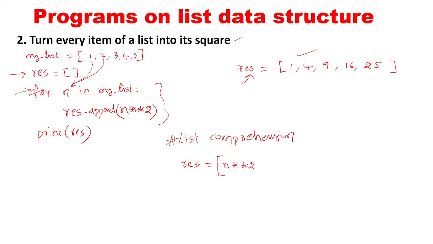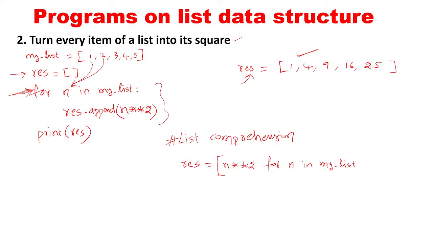For that you use this for loop: for n in my list. It gets each value n in my list, squares it and adds it to this list. Now your result list contains elements of this form.